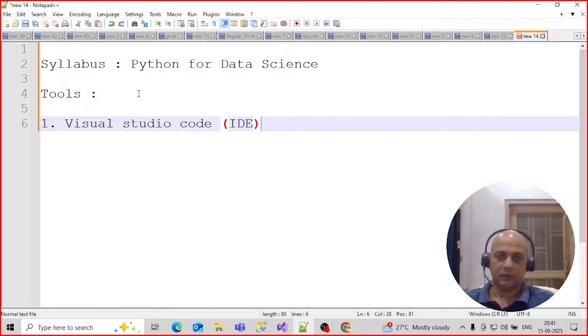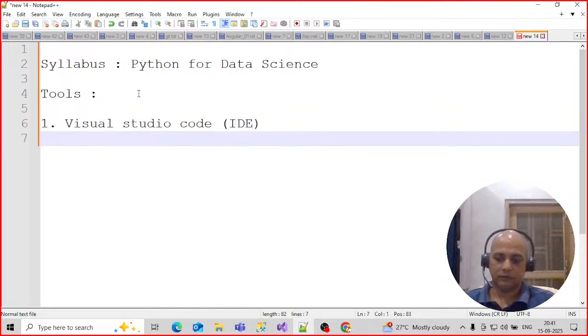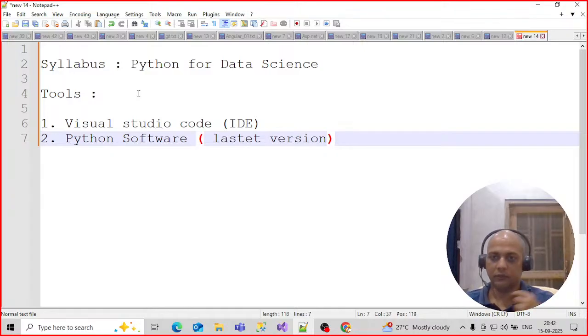And we will install Python software, the latest version, whatever version 3.13 or something. There are two types of version.